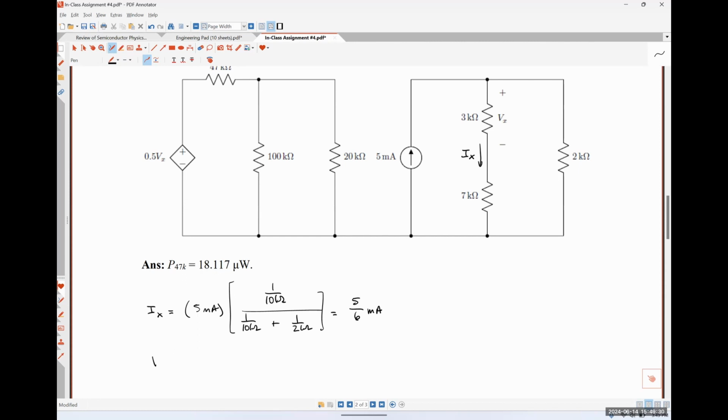So what should Vx be? The Ix times 3 kilo ohm. Absolutely right.